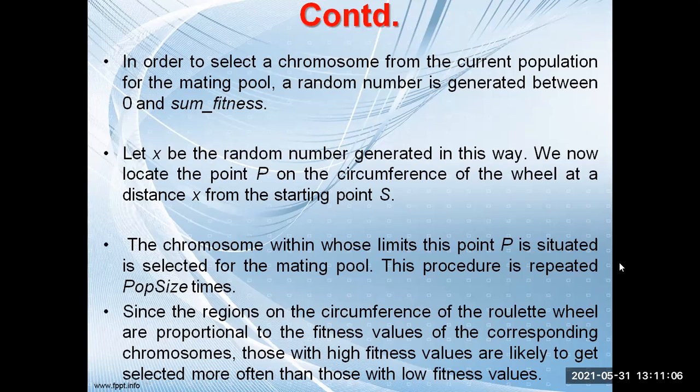So obviously we'll choose the chromosomes which have the higher fitness value, and those chromosomes will be taken in the mating pool so that the next generation, the offsprings, will be created from those chromosomes which have the higher value of the fitness. Okay.